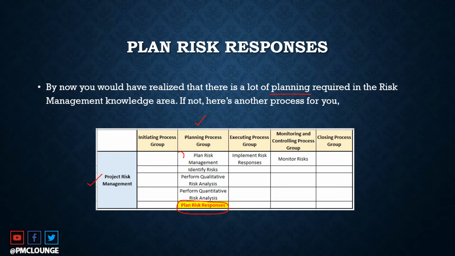We have already discussed all these processes. Like I said, the second link in the description will take you to the playlist of every single video which covers all these processes. So let's talk about plan risk responses. This is process number 5 within the planning process group itself and the risk management knowledge area.